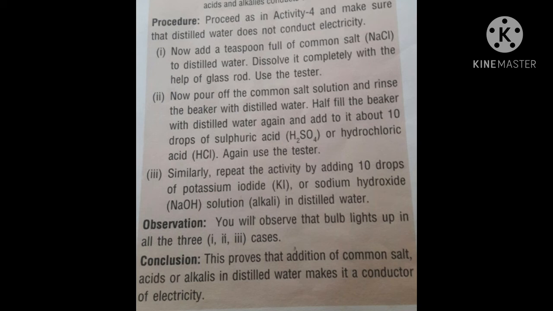Similarly, repeat the activity by adding 10 drops of potassium iodide or sodium hydroxide solution, that is alkali, in distilled water. Observation: we will observe that the bulb lights up in all three cases. So from the activity we conclude that the addition of common salt, acids or alkalis in distilled water makes it a conductor of electricity.